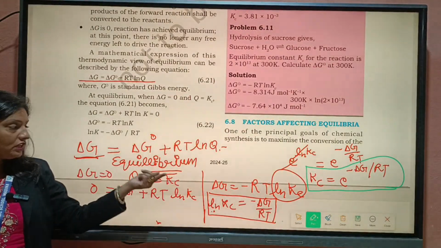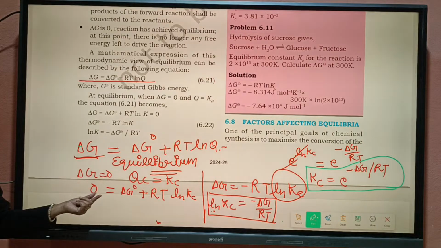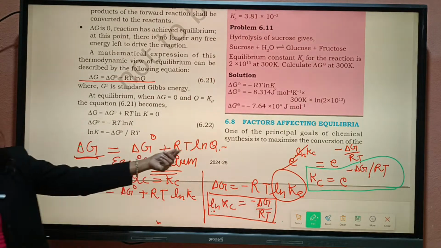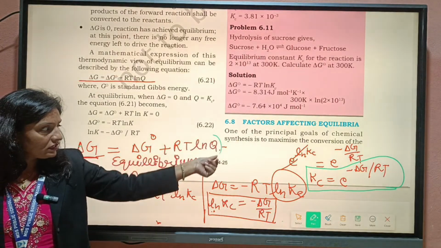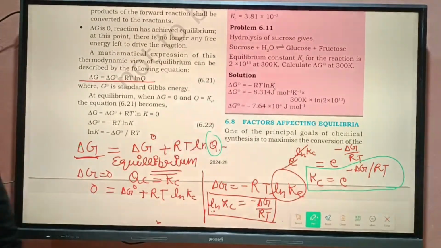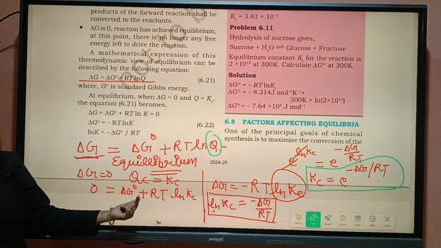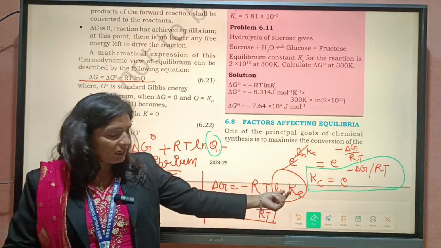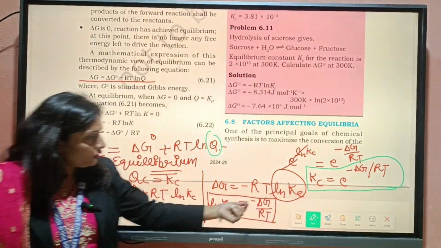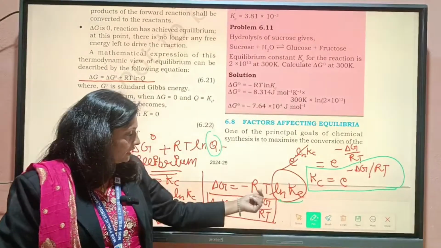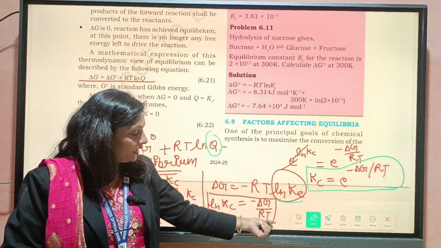After putting values, del G equal to 0 is equal to del G naught plus RT ln Kc. Then del G naught is equal to minus RT ln Kc. So from here ln Kc is equal to minus del G by RT.